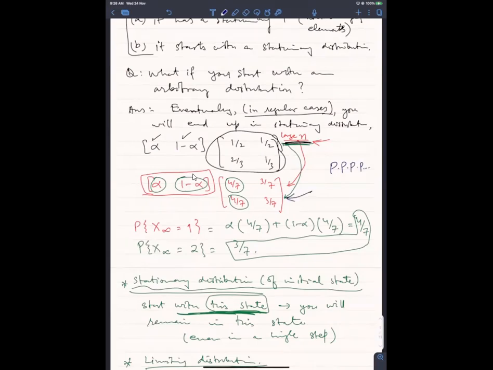In fact, after a few multiplications you will see that you are getting something close to 4/7, 3/7.